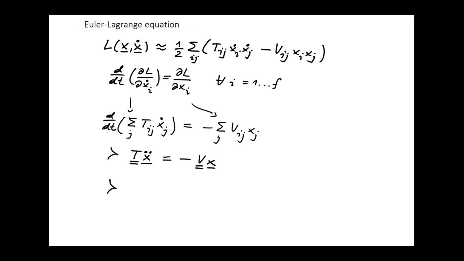Since the matrix T is symmetric and strictly positive, it's invertible, and therefore you can multiply both sides of the equation with the inverse of T, and you can write an explicit expression for the acceleration vector. This is minus T inverse V, this matrix product, acting on x.